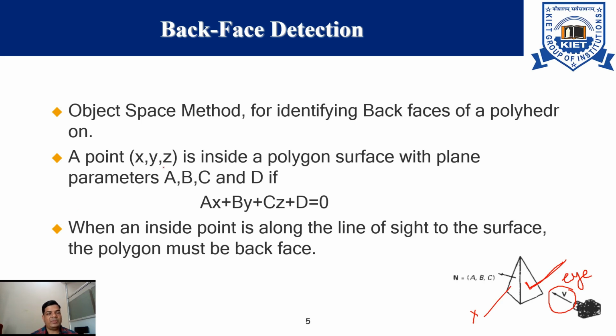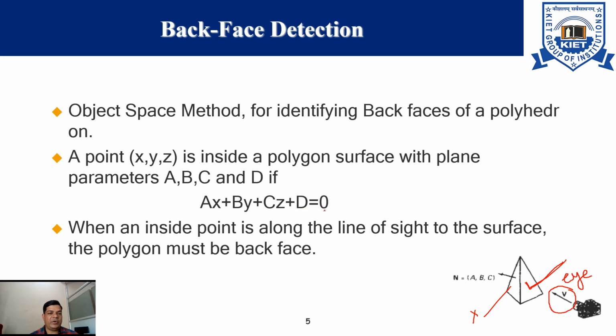A point x, y, z is inside a polygon surface with the plane parameters a, b, c and d if ax plus by plus cz plus d is equal to 0. So this is the plane equation, and if any object is lying inside this polyhedron, it will satisfy the equation ax plus by plus cz plus d equals 0.